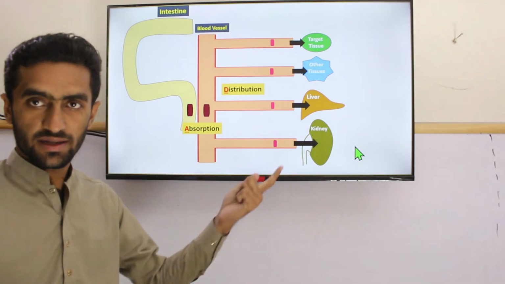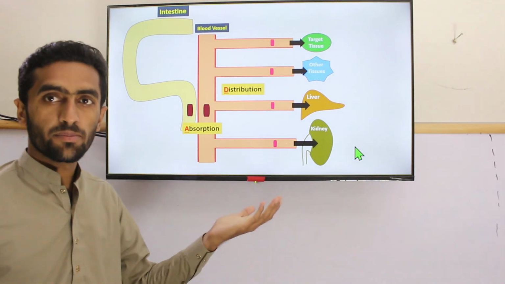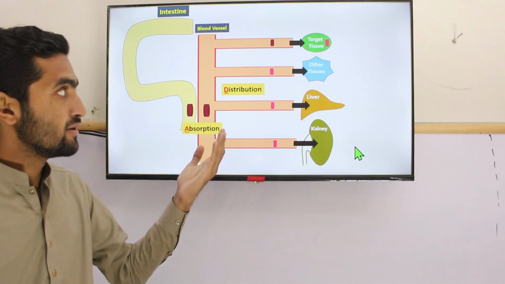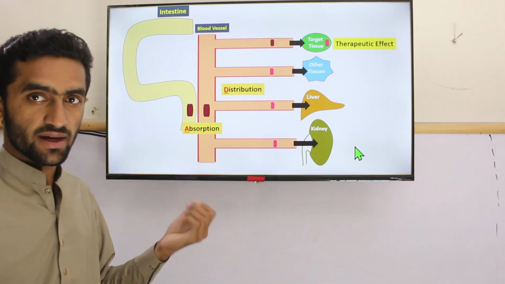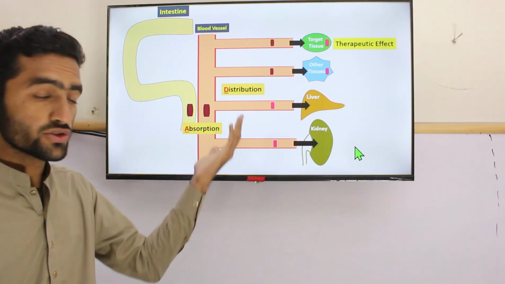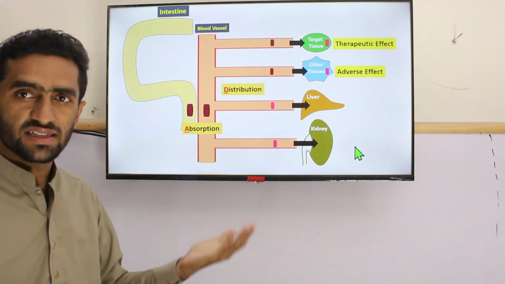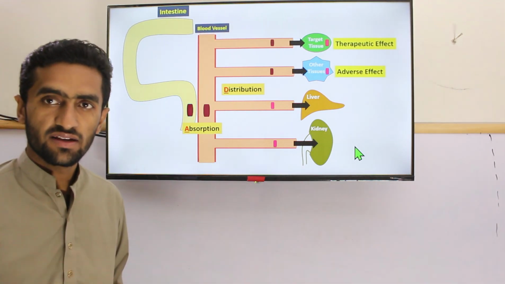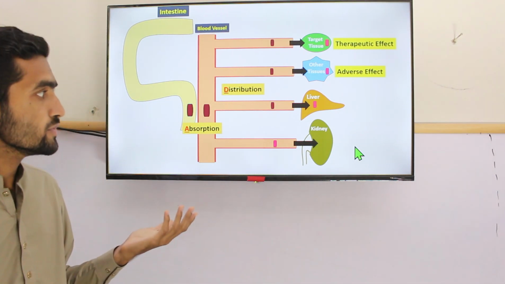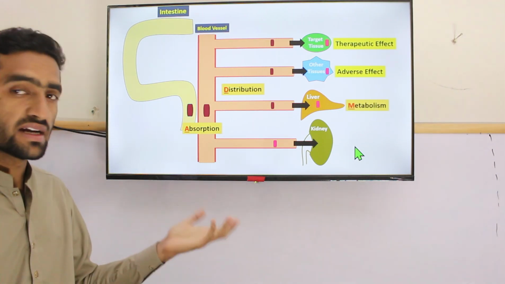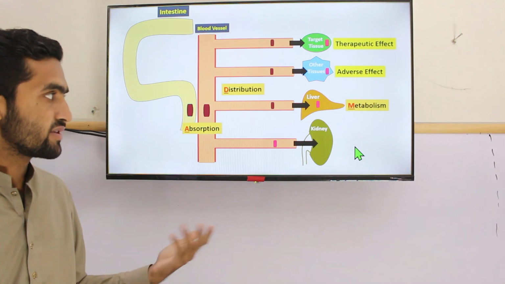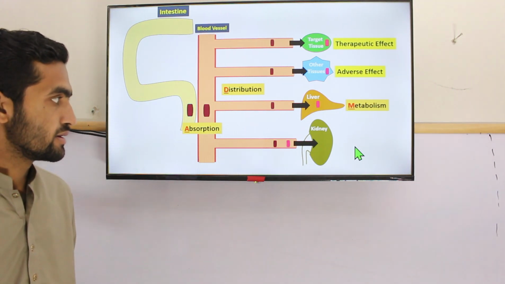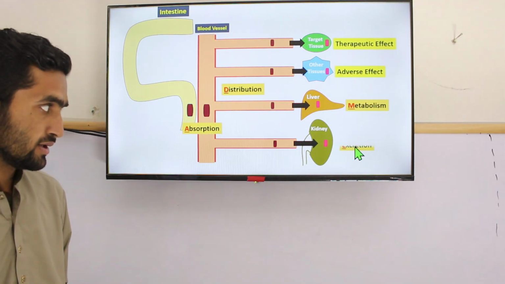If your drug reaches your actual target where it produces the actual effect, we call it the therapeutic effect. If it goes to other tissue, it causes the adverse effect, or you consider the side effect. While in the liver, it metabolizes. And in the kidney, it is finally excreted, because after the metabolism, the drug is ready for excretion.